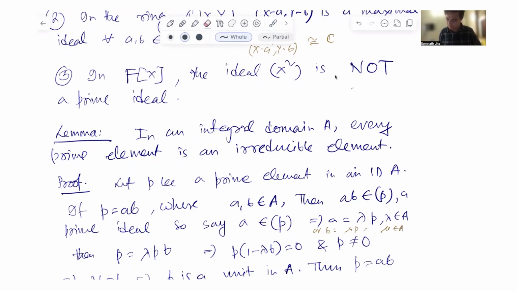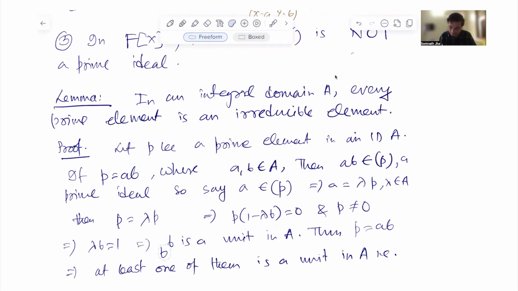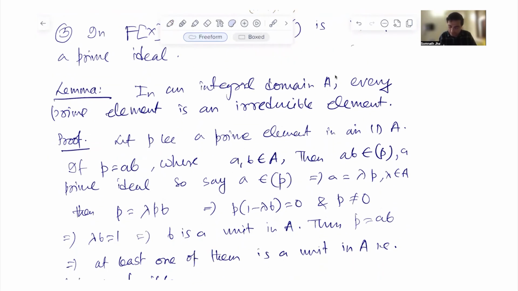That's why I said either A is some multiple of P or B is some multiple of P. So if A equals lambda times P, and if it was B, we'd have argued the same way. Then A becomes lambda P times B, because A is lambda P. So P times (1 minus lambda B) equals 0, and P is not equal to 0.